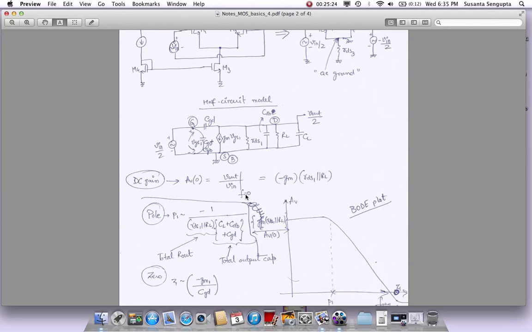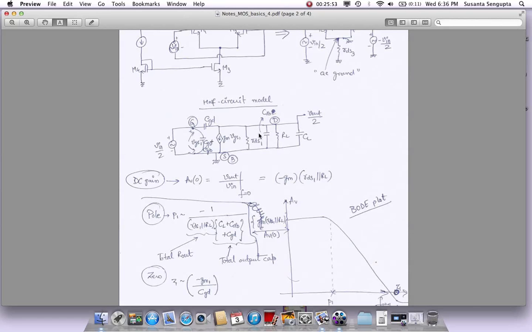So effectively, this is the DC gain at frequency of 0. If the frequency is 0, what happens to all these capacitances? They are open circuit. They have an extremely high impedance, and all that remains is GM, RDS1, and RL. So the effective parallel resistance of the output is RDS1 parallel to RL. That is the effective output resistance. And then since it's GM times VGS, that becomes the current that's going to go there, and it actually is going to go the opposite way, right?